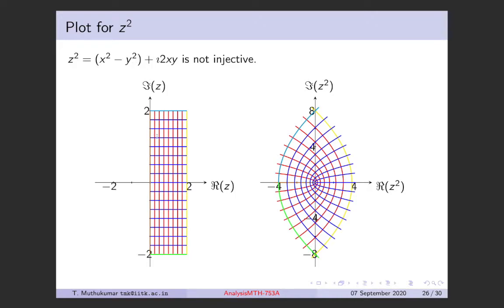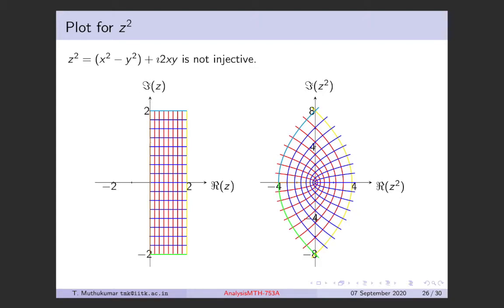So the way we can visualize this map is like this. If you take the imaginary axis, which is in the brown color here, the imaginary axis means that x equals 0. So x is 0 here, and you don't have any imaginary part in the image domain. You have only minus y square here.